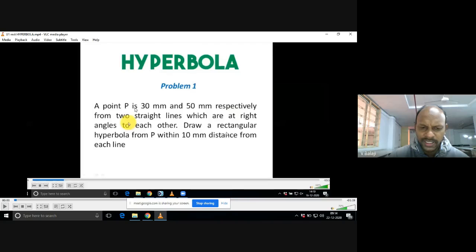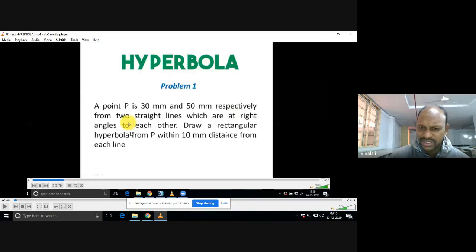A point P is 30 mm and 50 mm respectively from two straight lines, which are at right angles to each other. Here you read the problem carefully. These two straight lines, we call them two asymptotes. In case of hyperbola, we call them asymptotes, two straight lines at right angles to each other, 90 degrees to each other.